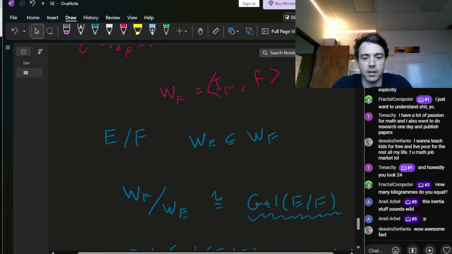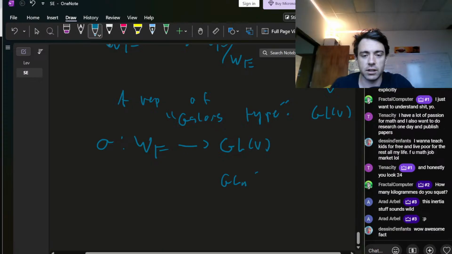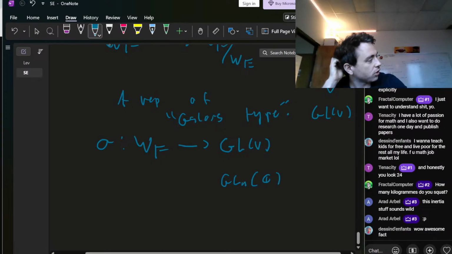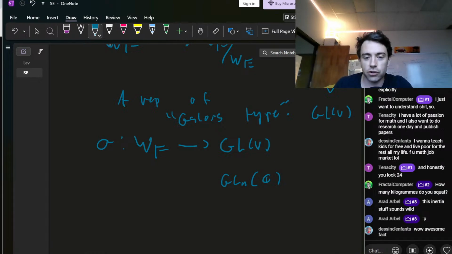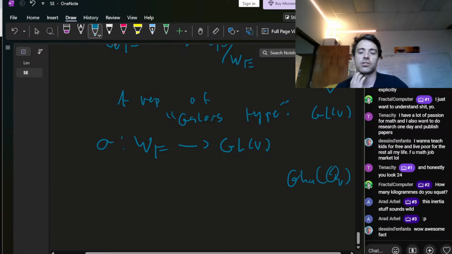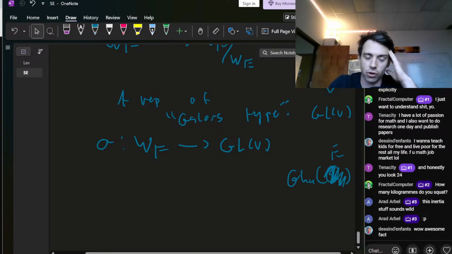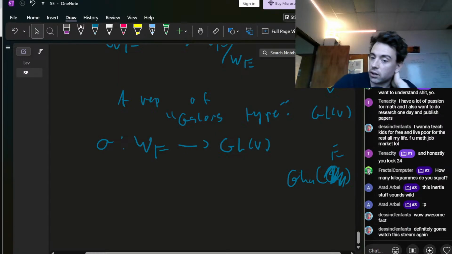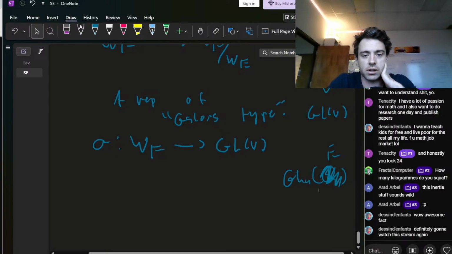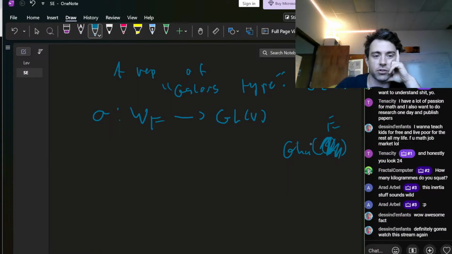So in the same way, if this is a representation of Galois type, then, mind you, I guess I haven't even started talking about the Langlands correspondence, you should imagine that this should line up with representations of GL_n(Q_p), an n-dimensional representation here, or GL_n(F), whatever. So this is not the general definition of a Langlands parameter, but this is one example.